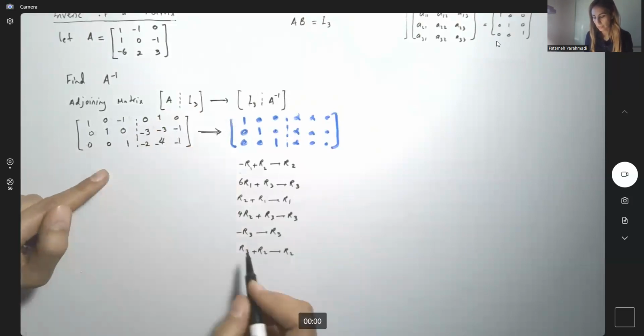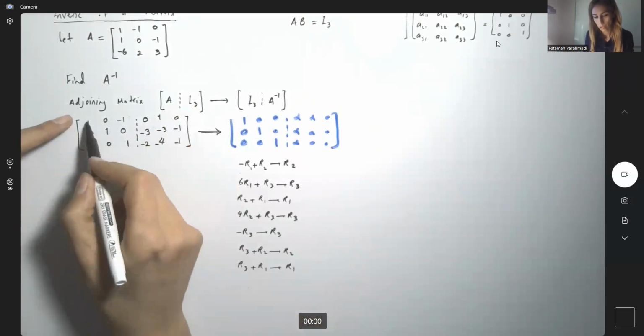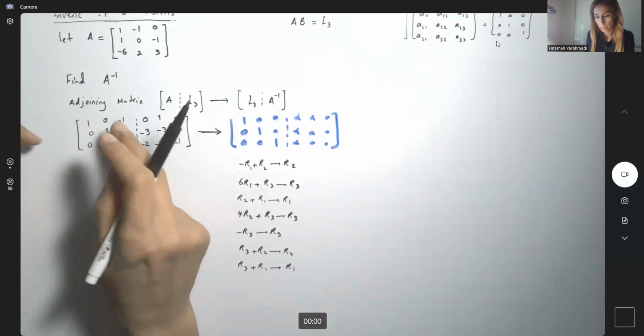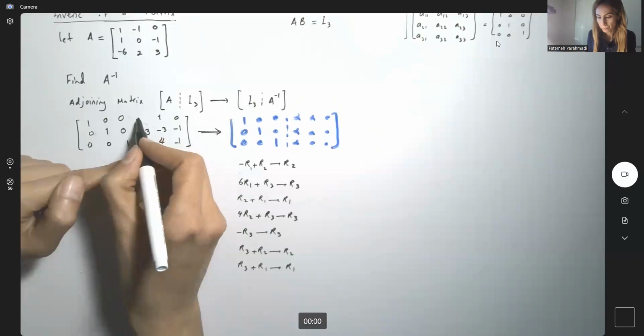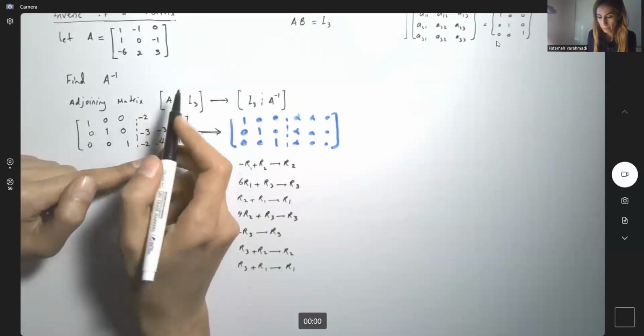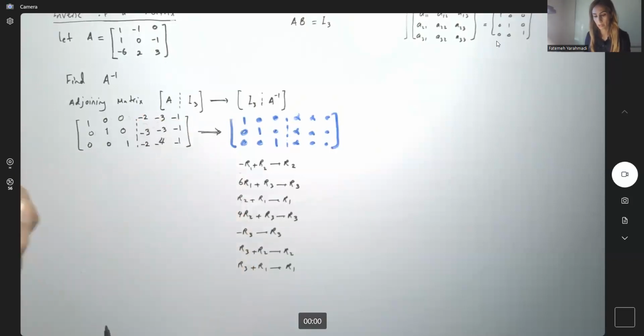And I'm going to add the last row, R3, to R1. This becomes my new R1. So this is just 1, this is 0, this becomes 0, and here you have a -2, here you have a -3, and here you have a -1.